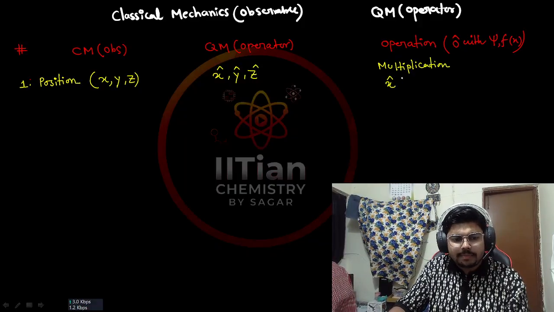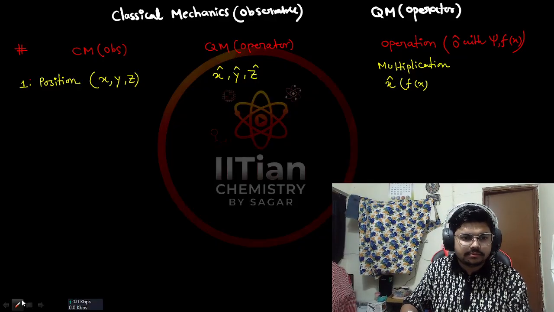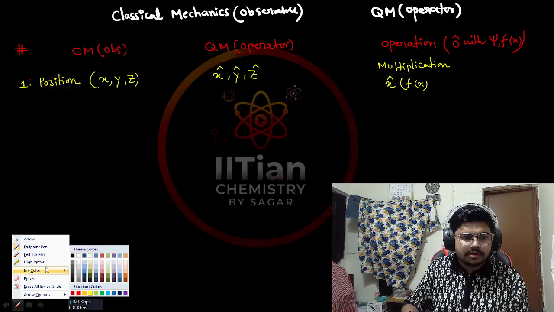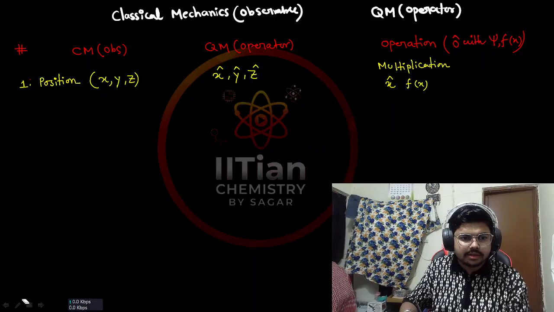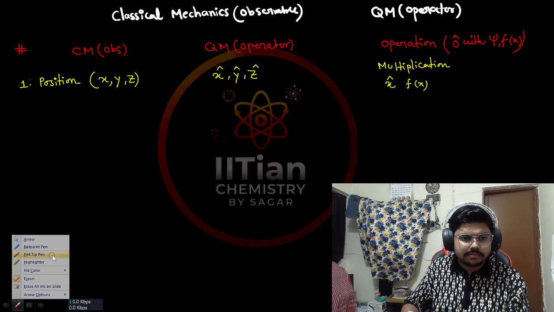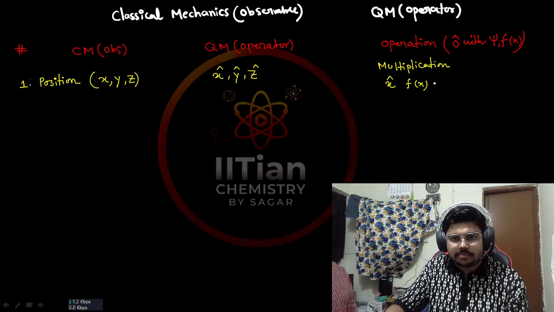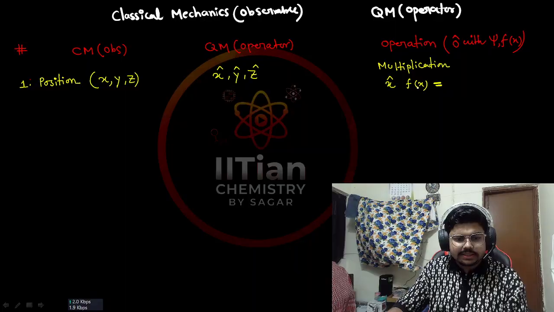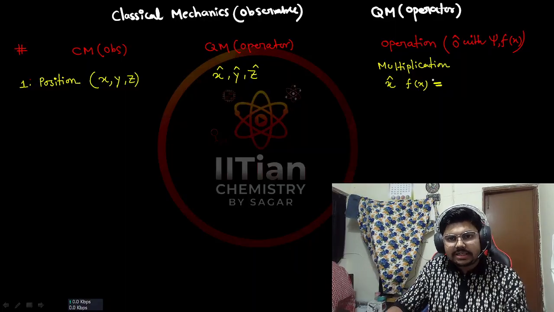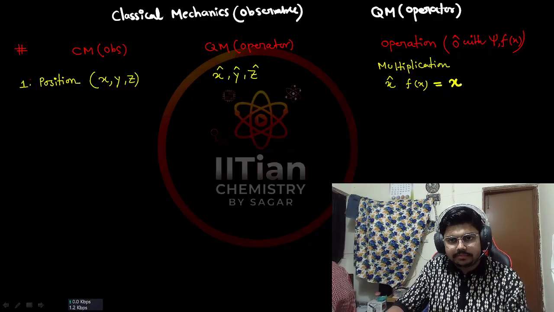Suppose x operates on f of x. You do not need to use a separate bracket here. It actually indicates the function is being operated on. Here x is operating on f of x. That means this operation is basically a multiplicative operator.